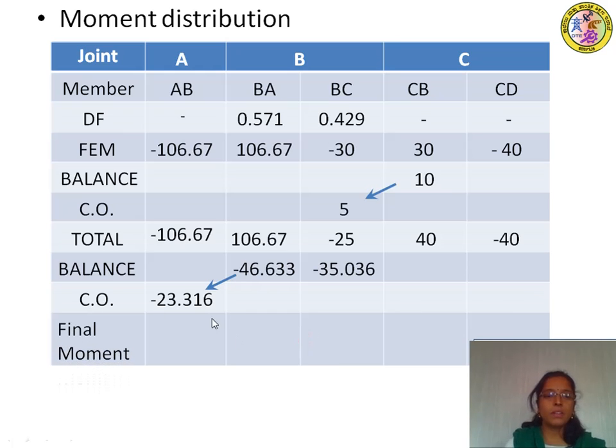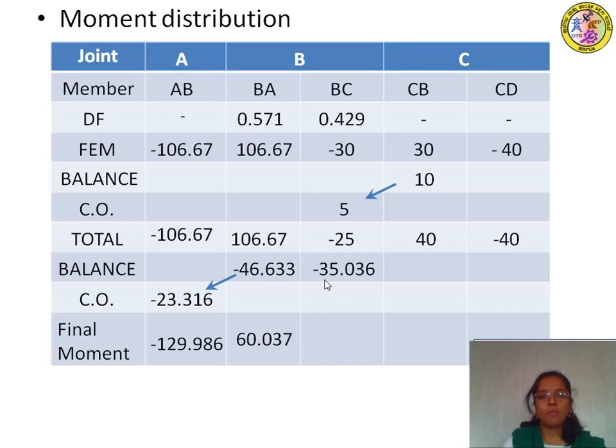The final moments are calculated by adding all the values in each column from the total row. So minus 106.67 minus 23.316 is equal to minus 129.986, and plus 106.67 minus 46.63 is equal to 60.03.